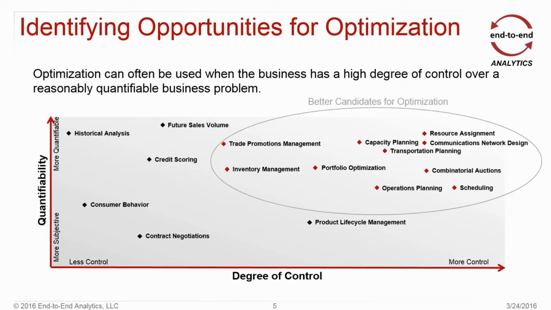So optimization tends to lend itself to processes where the business has a higher degree of control. The second piece of this is the quantifiability of the business problem. Optimization lends itself well to problems that are reasonably quantifiable. Now, it doesn't necessarily have to be 100% quantifiable.